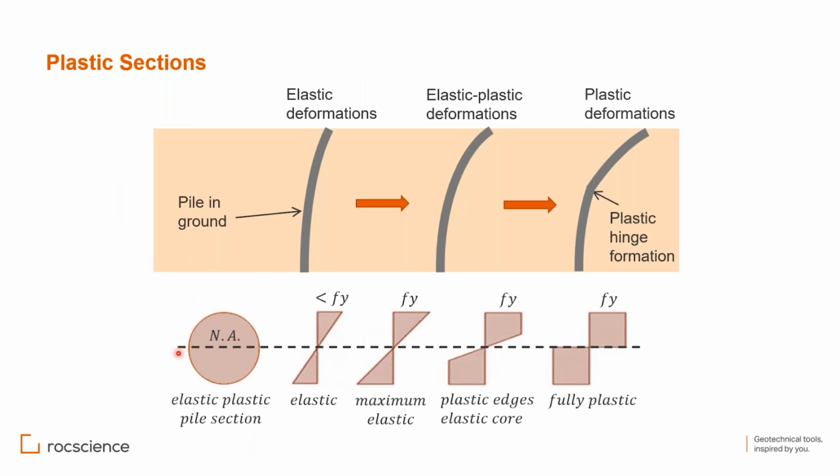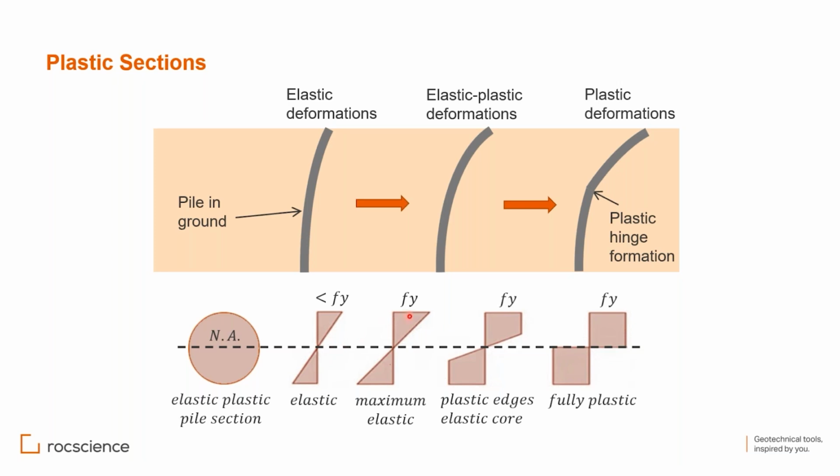In plastic sections, for example, you have an elastic plastic pile section, and you start adding loads on this pile, causing an increase in bending moments. The bending moments and the axial loads will give you some stresses at the edges of the section, which are called the extreme fiber stresses. If these are less than Fy, the yield strength, then the pile or the section is still in the elastic range.